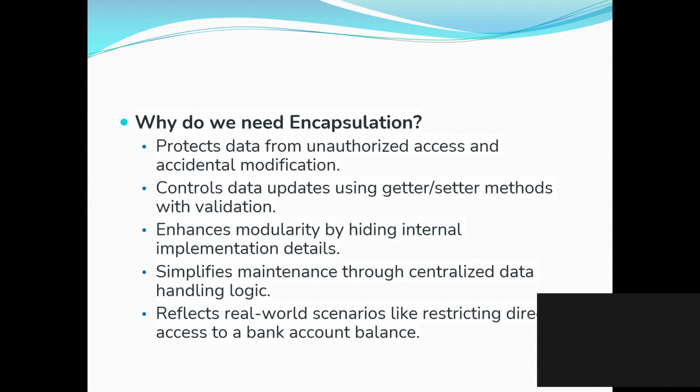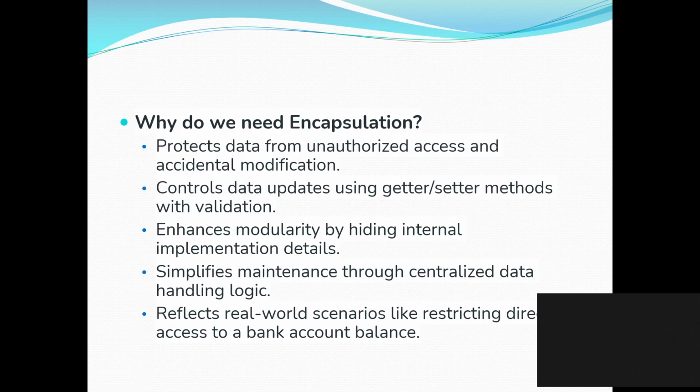Encapsulation protects our data from unauthorized access and accidental modification. It controls data updates using getter and setter methods with validation. It enhances modularity by hiding internal implementation details. If we have many attributes and methods made into a single unit, can we actually see what is inside?